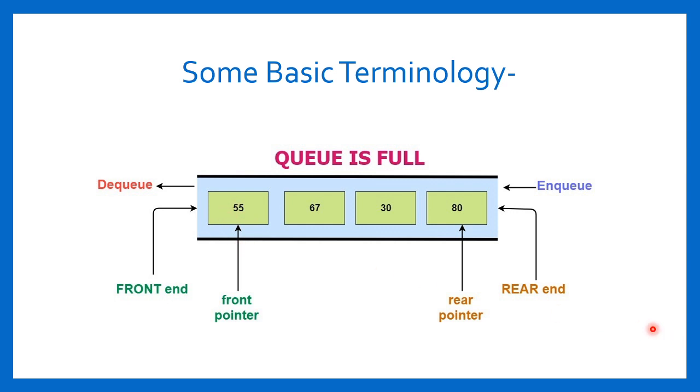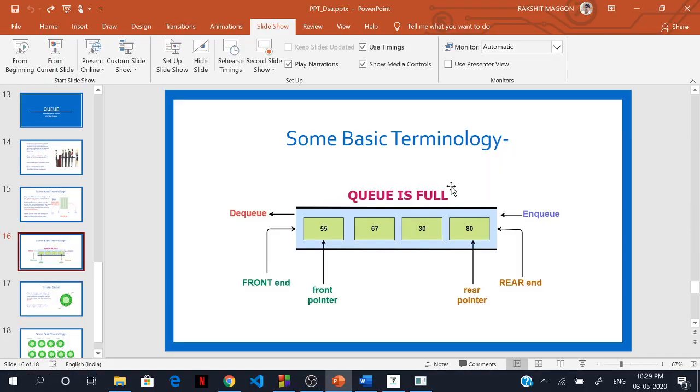This is the front pointer. We have two pointers in a queue, the front pointer and the rear pointer. The front pointer points at the frontmost element which will be dequeued, and the rear pointer points at the lastmost element which was enqueued. I will show the code and explain it also, so you'll have a better idea.